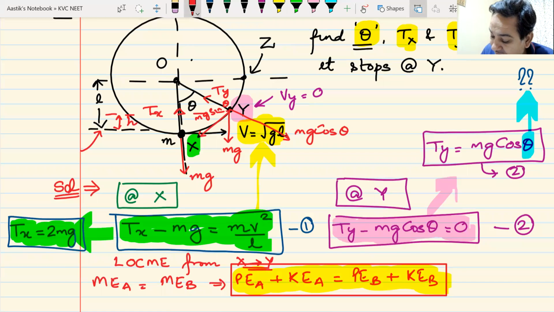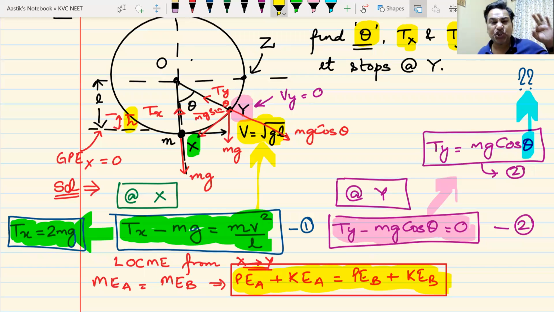I can say that the gravitational potential energy at the lowest point, which is x, is 0.